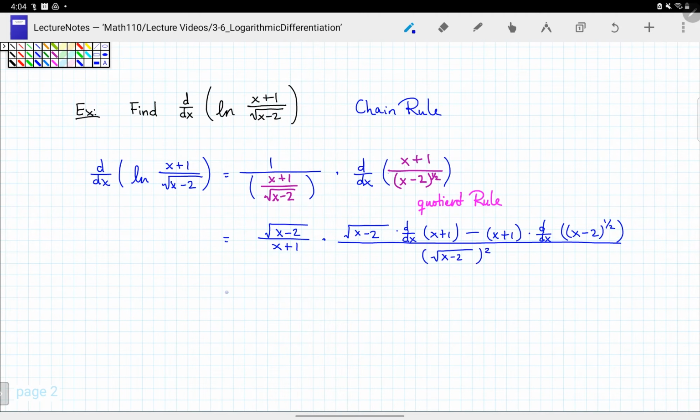Okay, so this is now square root of x minus 2 divided by x plus 1 times square root of x minus 2.